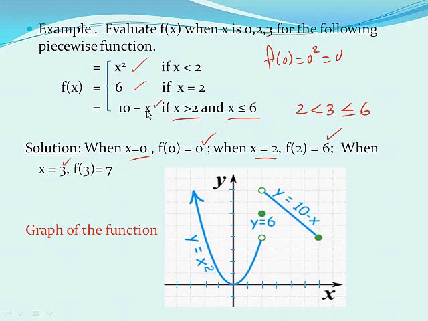So when I substitute x equal to 3, we will get f of 3 equals 10 minus 3 equal to 7. So that is this value. This is the graph of this piecewise defined function. Notice that when x equal to 2, the value of the function is 6, which is this single point up here. The circles here mean that the points are not part of the graph.